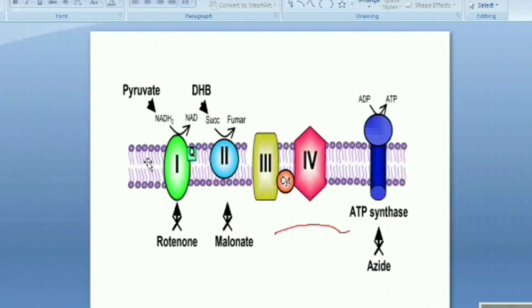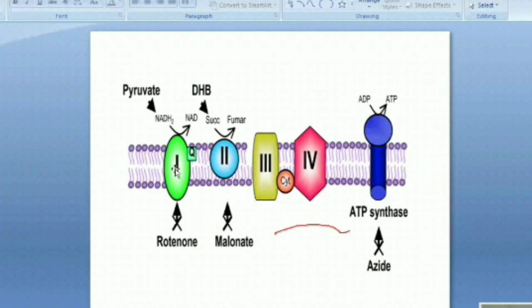Okay, this is a view from a biochemistry book, to show the simplified view of the respiratory chain. This is the inner respiratory membrane, and this portion is the outer aspect of the inner membrane, and this portion is the inner aspect.